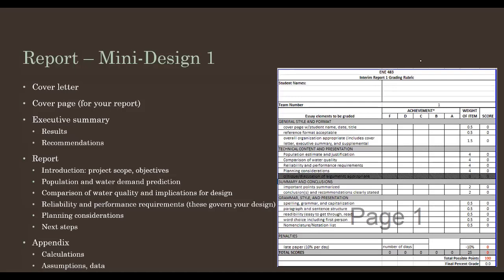You'll then compare water quality and how does that affect your design. So there you're really going to look at the water quality and actually water quantity information that I've provided, and think about, does that impact your design? Are there particular contaminants that will be a challenge and that you will need to address?